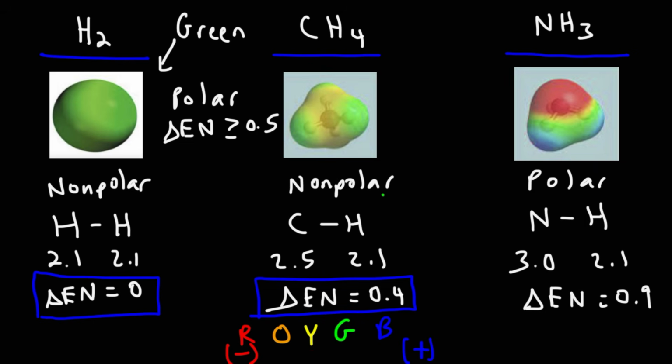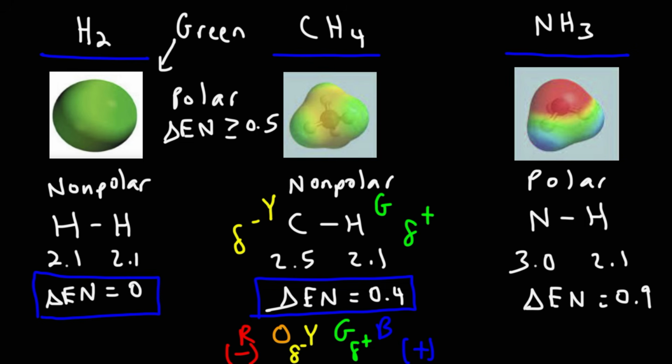So hydrogen is green, and the carbon is more on the yellow orange side. Let's put yellow for carbon. So green is more positive and yellow is more negative. As we can see, green is more on the positive side, yellow is closer to the negative side. And that's what we see here.